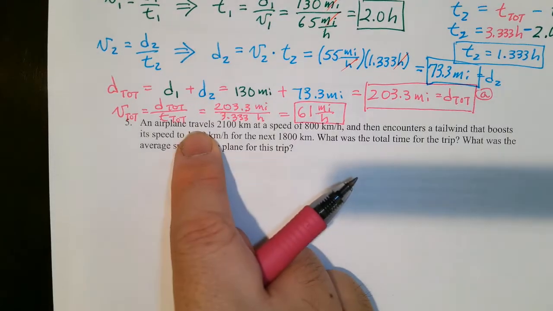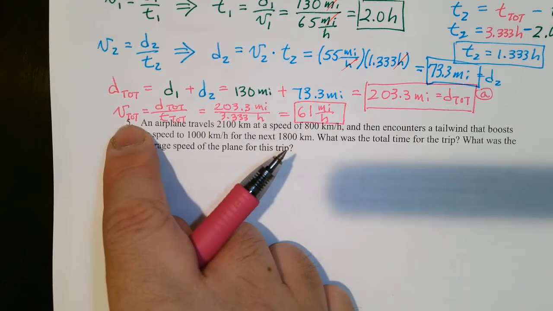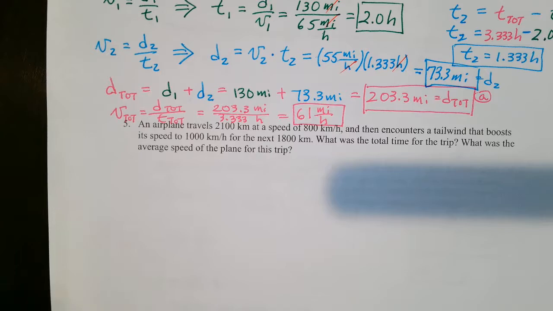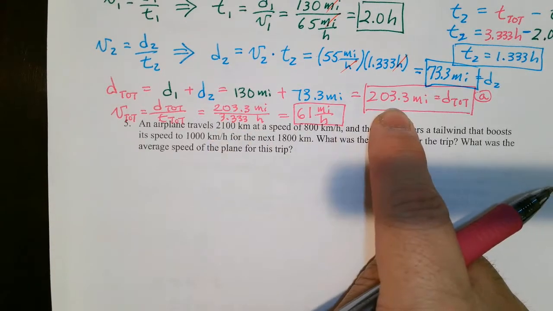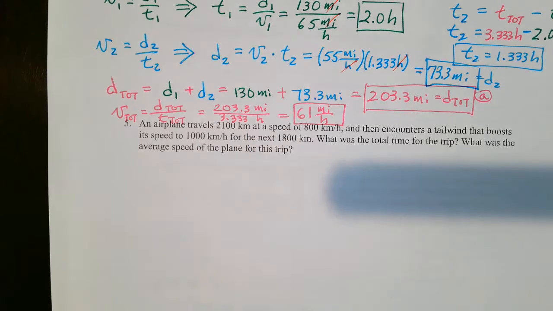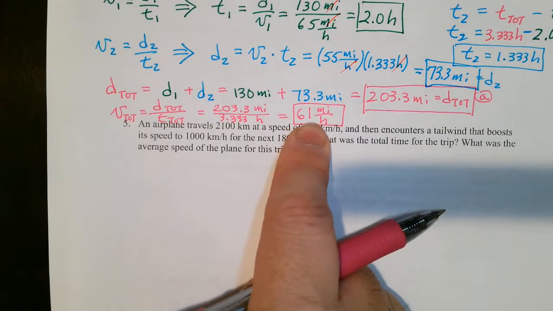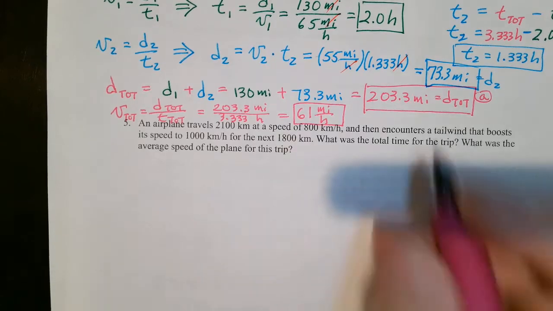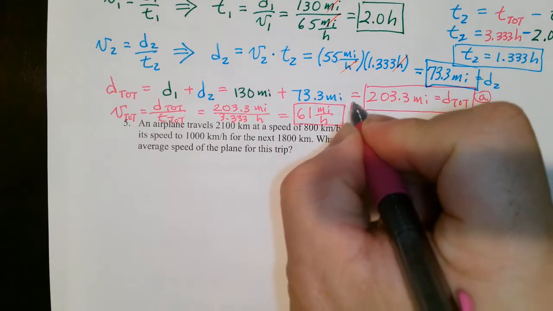Therefore, you have to stay with the definition of average speed, which is the total distance divided by total time. And total distance we calculated to be 203.3 miles, and the total time, 3.333 hours. Therefore, 61 miles per hour is the average speed. All right, so that's part B.